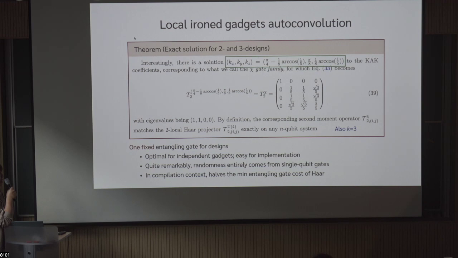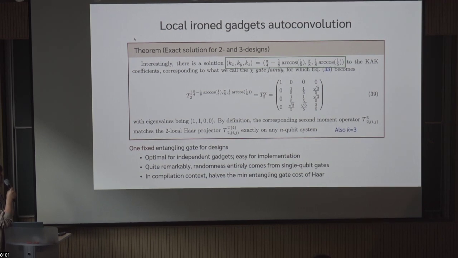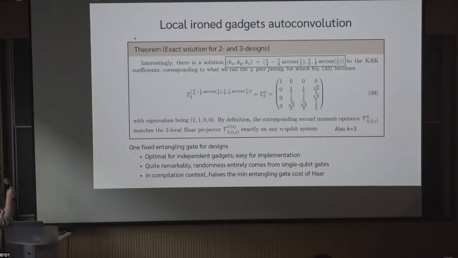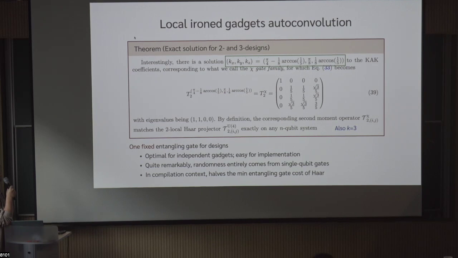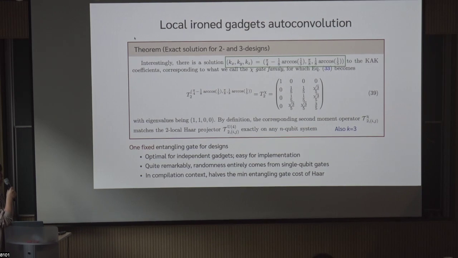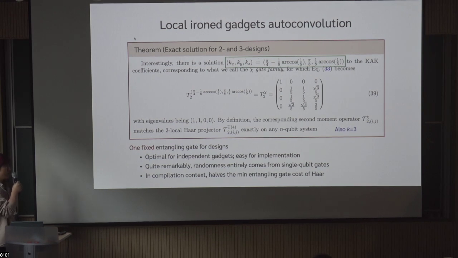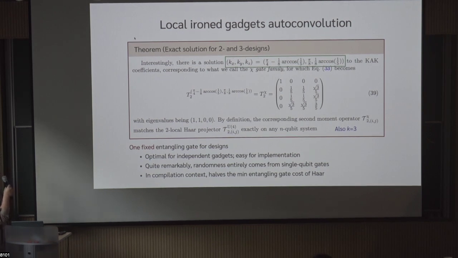Also, quite remarkably, we see that the entangling part doesn't have any randomness. It's saying that the single-qubit randomness can already supply enough randomness for two-qubit 2 and 3 designs. And in the compilation or synthesis context, we know that the optimal gate is the B gate, and we need 2 B gates to compose any SU(4) gate.